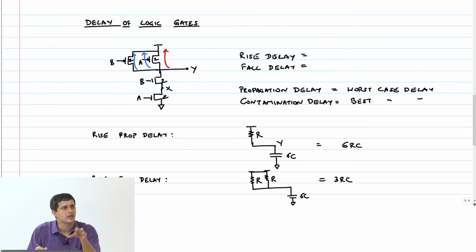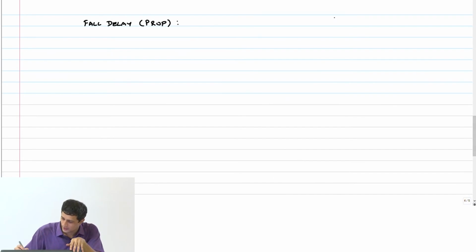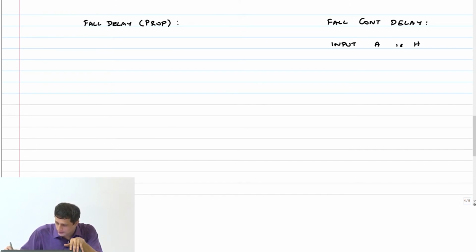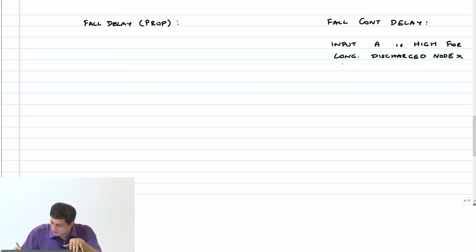So therefore the fall contamination delay is, input A is high for long, and discharged node X to ground.